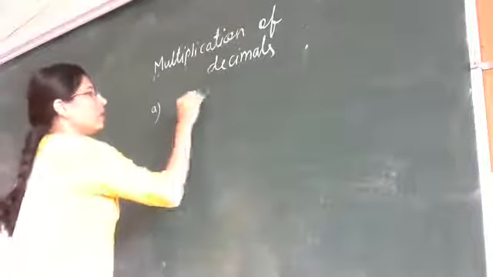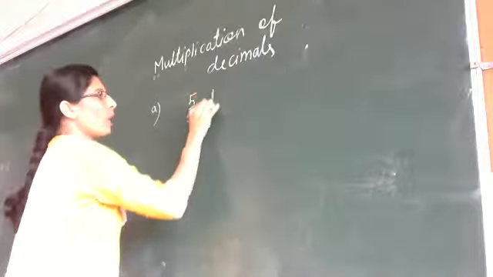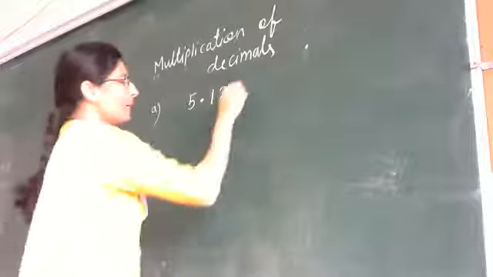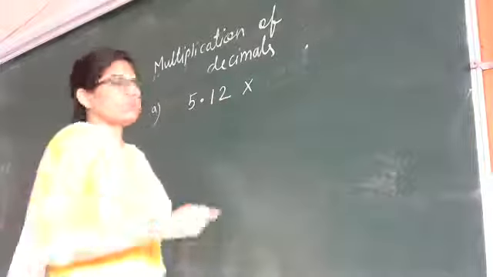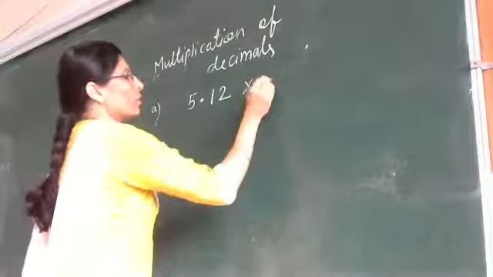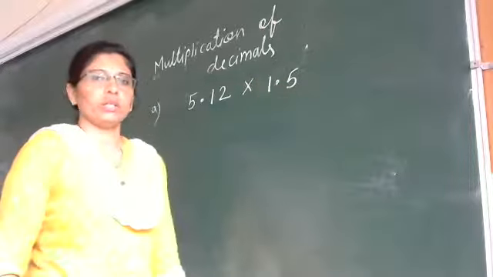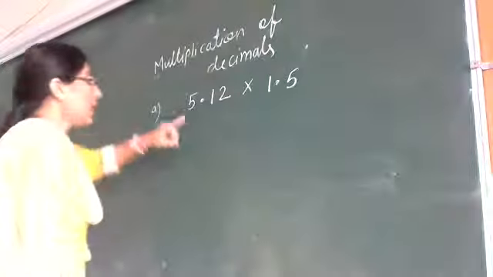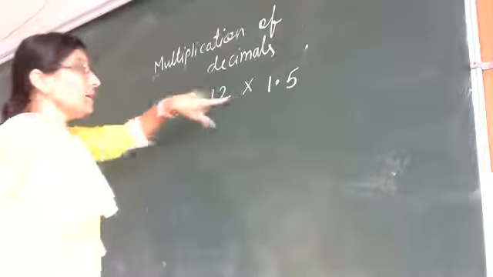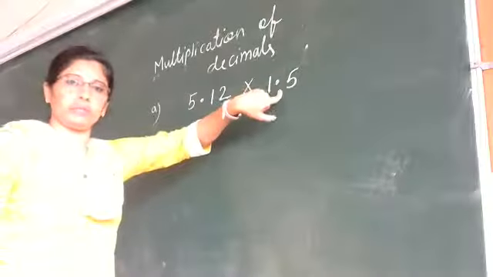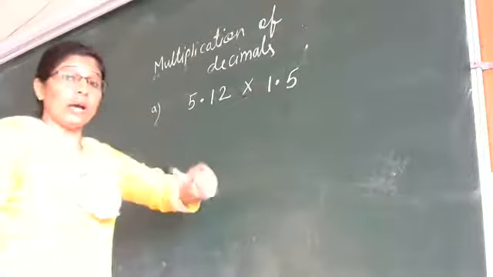See carefully. 5.12 multiplied with 1.5. Here we can see that both are having the decimal point.